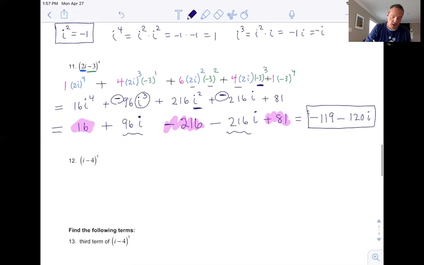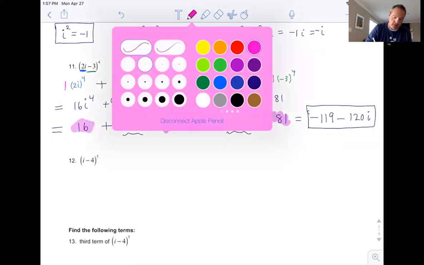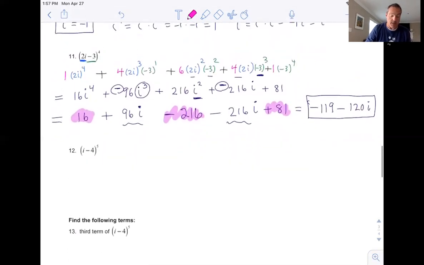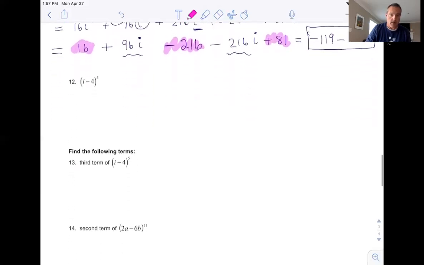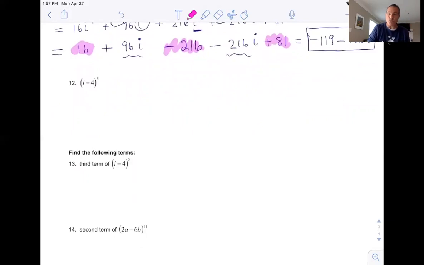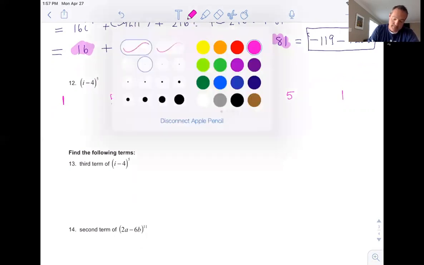Real quick, number 12, I'll kind of rip through that one. It'll be the same type steps. It might be easier because I don't have those coefficients of 2 and 3 there. I go to the 6th row of Pascal's triangle and I write out those coefficients, which are 1, 5, 10, 10, 5, 1. And again, space them out. You're going to need space. We're going to take the first term and descend it.